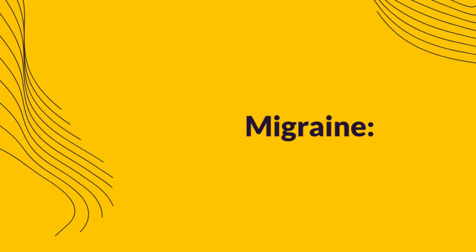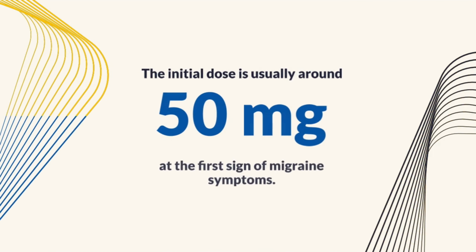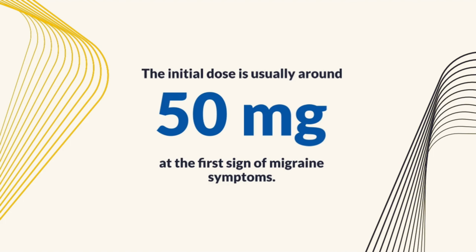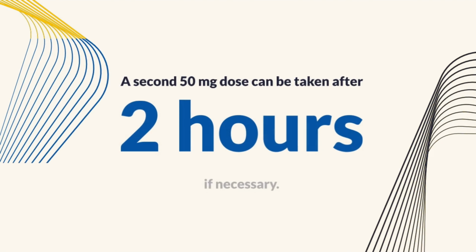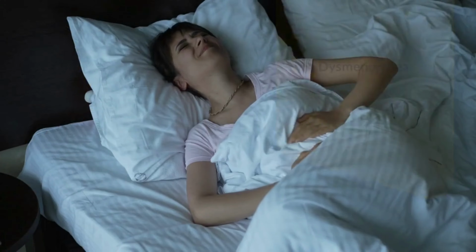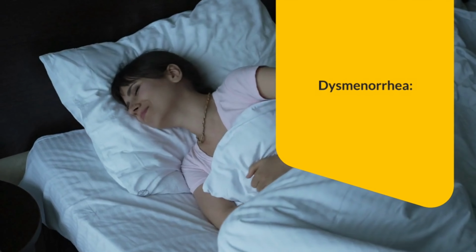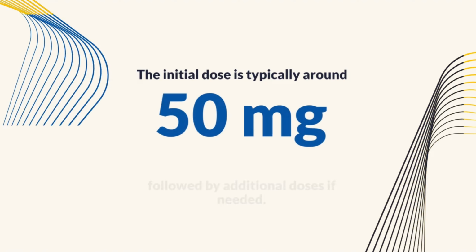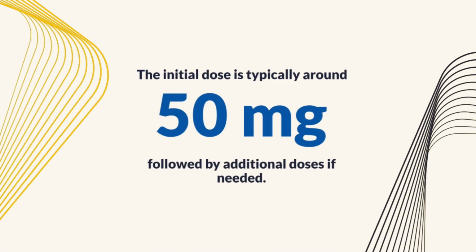For migraine, the initial dose is usually around 50 mg at the first sign of migraine symptoms. A second 50 mg dose can be taken after 2 hours if necessary. For dysmenorrhea, the initial dose is typically around 50 mg, followed by additional doses if needed.